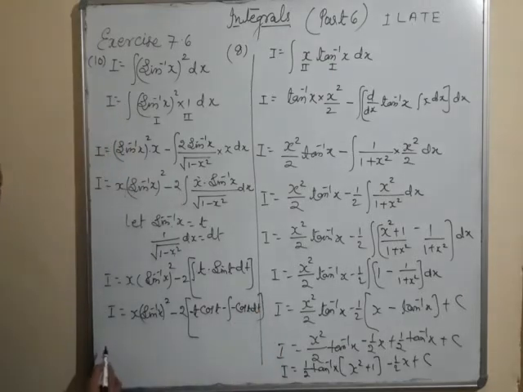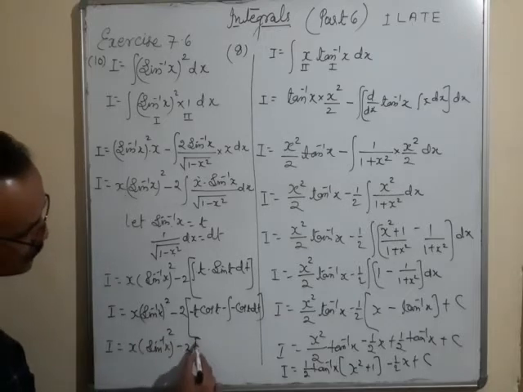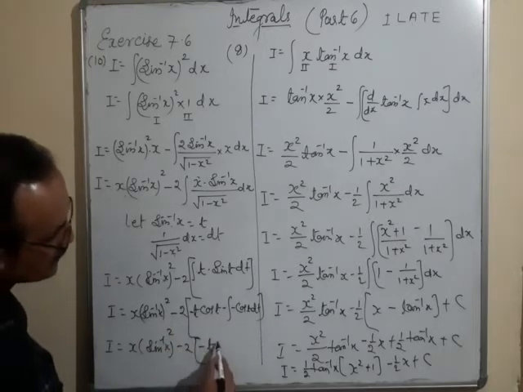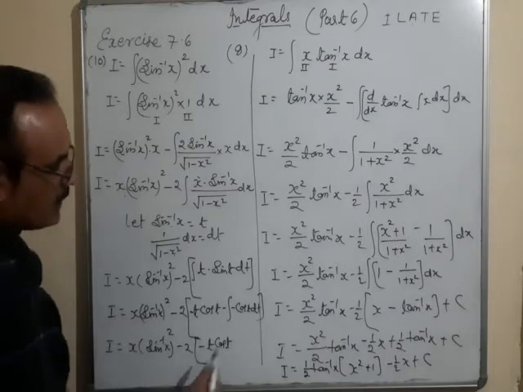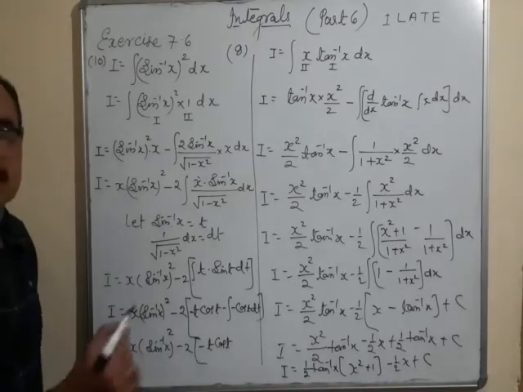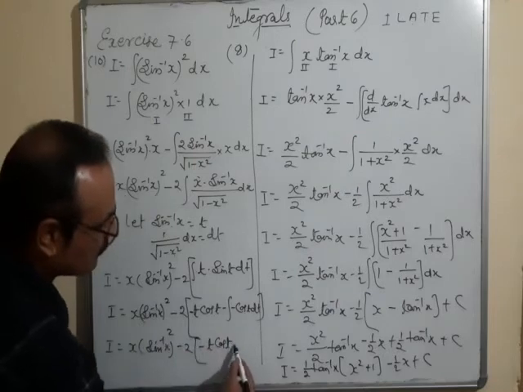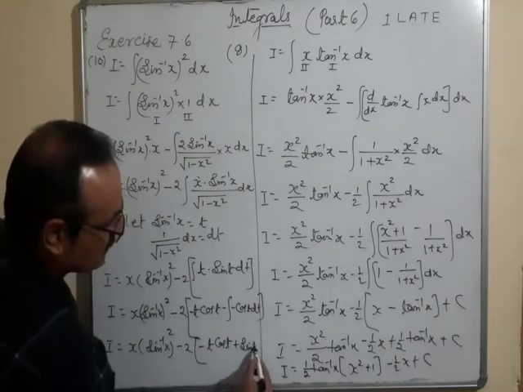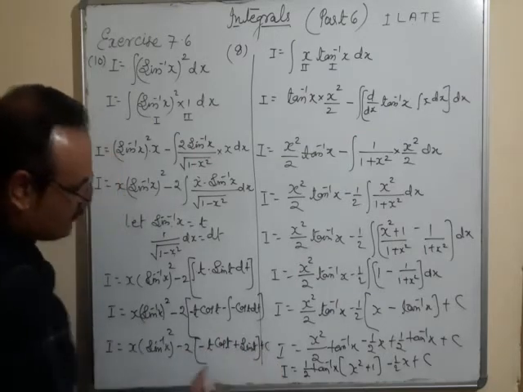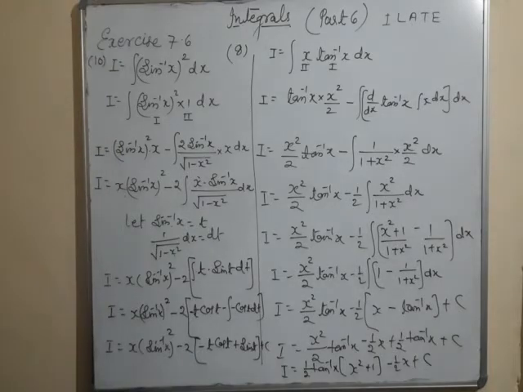I is equal to x (sin inverse x) whole square minus 2. It is minus t cos t, and again the integration of cos t is sin t. So minus minus plus, it is sin t plus c. Now we are replacing the value.